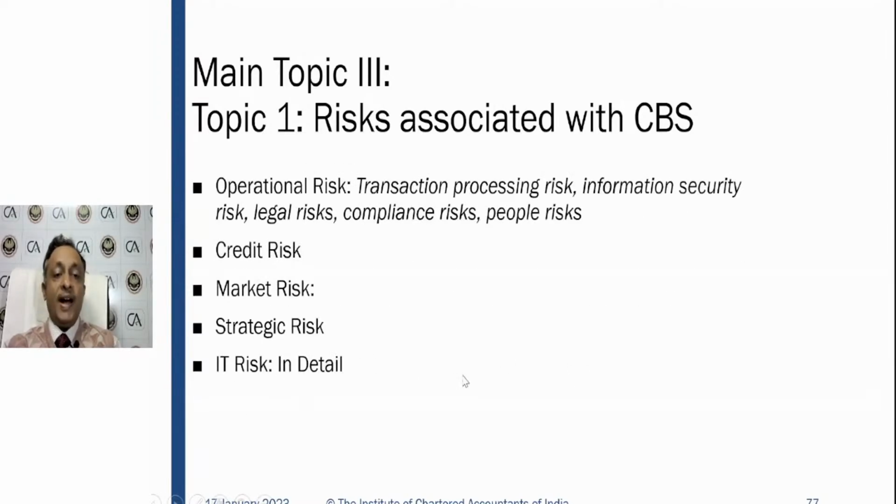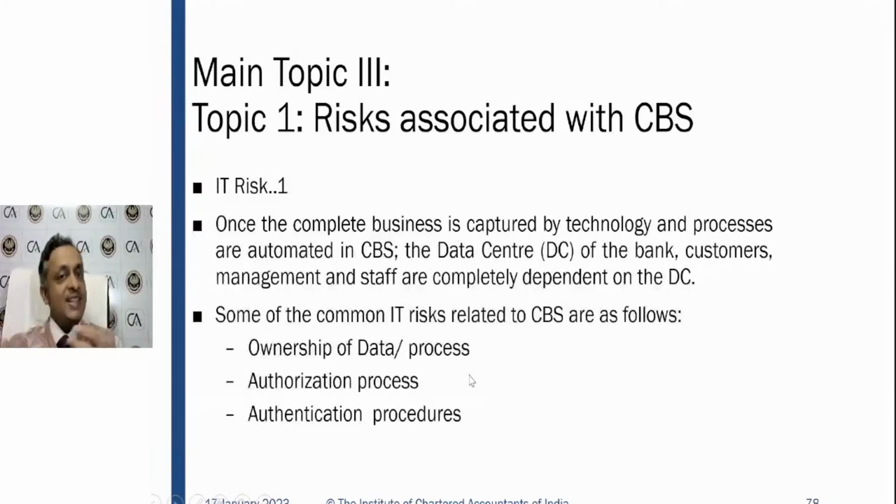And then we are talking about IT risk in detail, because our topic is technology. So IT risk is technology related risk. Now just understand, like all of you said, data center, disaster recovery center, what are the issues? Let us read. Once the complete business is captured by technology and processes are automated in the core banking system, the data center of the bank, customers, management, and everyone is dependent on the data center.